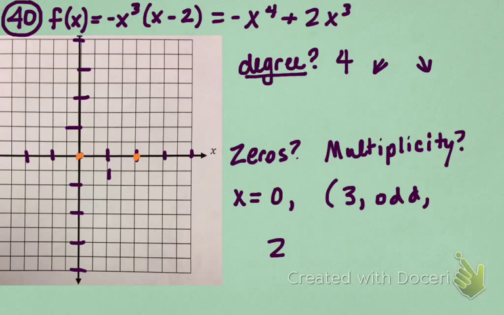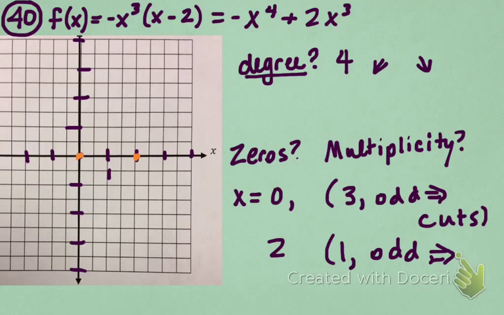If it's odd, what that tells us is that the graph should cut there. And then for 2, our exponent was 1, because no exponent is 1 as our multiplicity, which is also odd. So this one, the graph should also cut at this 0 as well. The graph cuts at both locations.